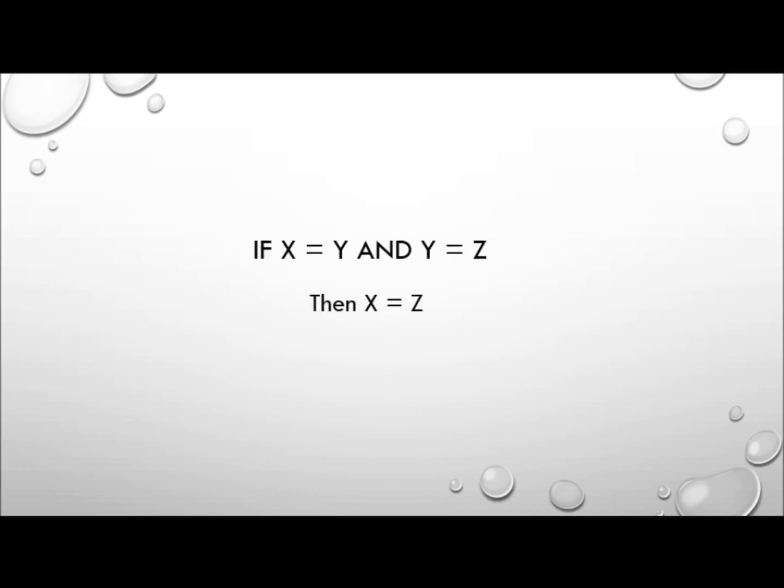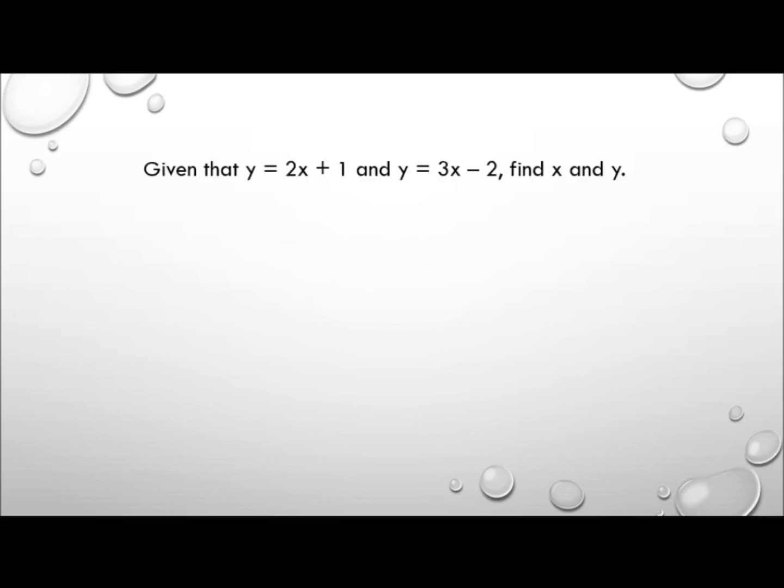It grows logically from the concept that if x equals y, then y equals x. Okay, so let's make use of this really powerful concept to solve a question like this that you might find on an exam. Given that y equals 2x plus 1 and y equals 3x minus 2, find x and y.